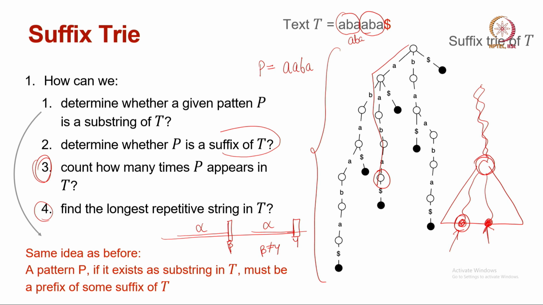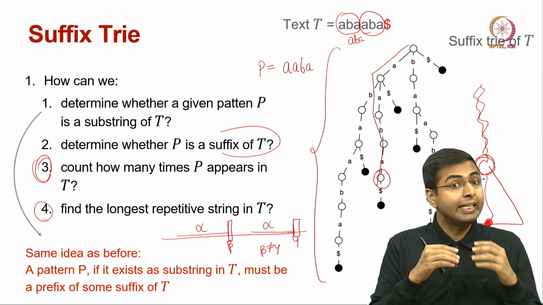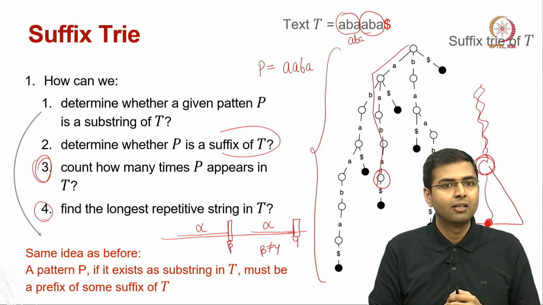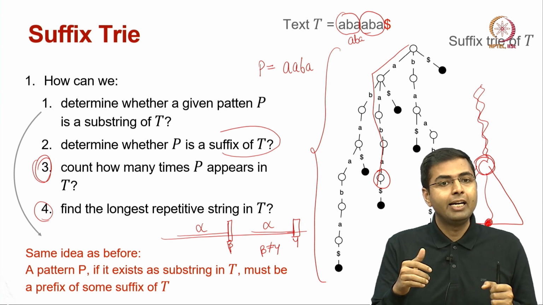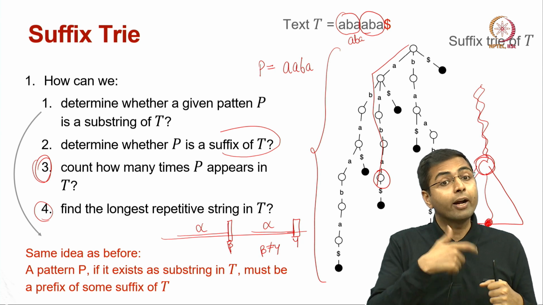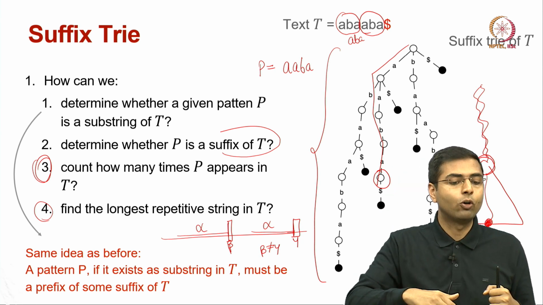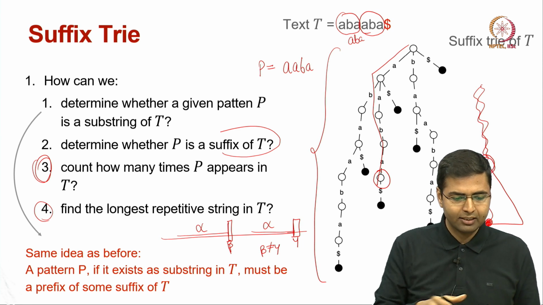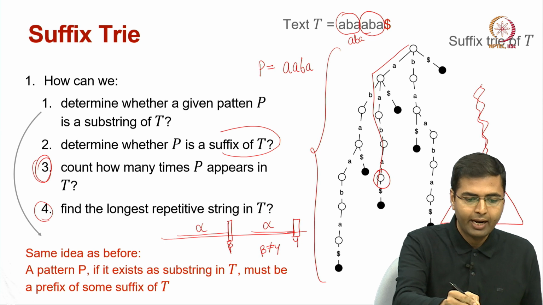Therefore, I can answer my query number 4 by seeking the deepest node in the suffix trie which has at least 2 children, because all those nodes correspond to repeating strings in text T, and if I look for the deepest such node, then I get the longest repetitive string spelled by the path from the root node until that node.